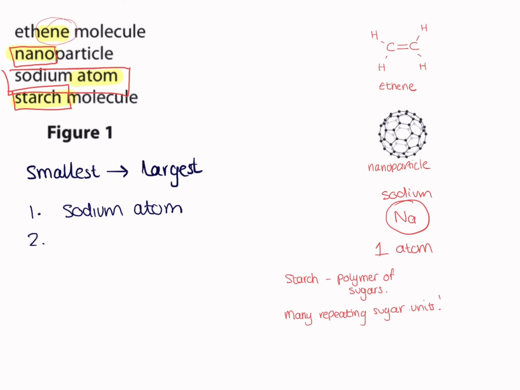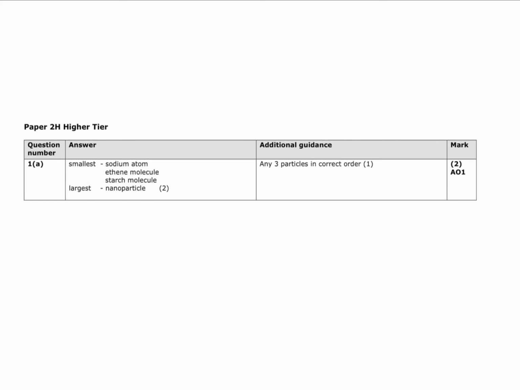Second is ethene, which has our 2 carbons and our 4 hydrogens. Third is starch, that polymer of repeating units, and 4 is nanoparticle, so don't let that trick you. Even though nano is small, it's still got hundreds of atoms. Here is the mark scheme, just for reference.